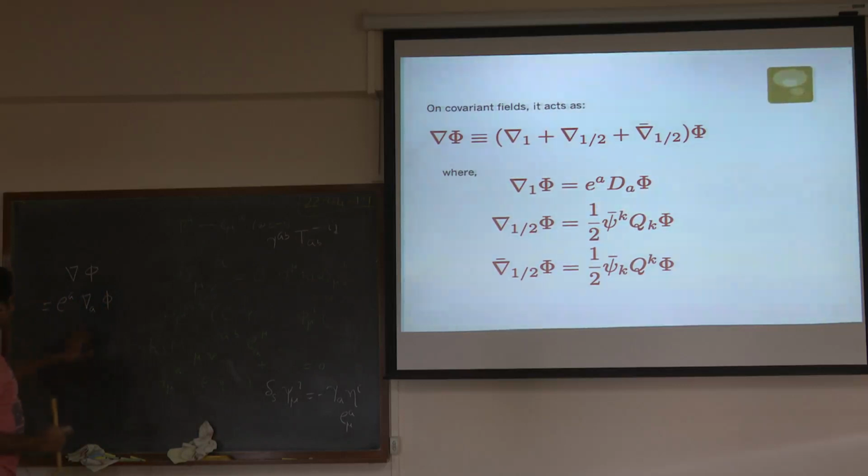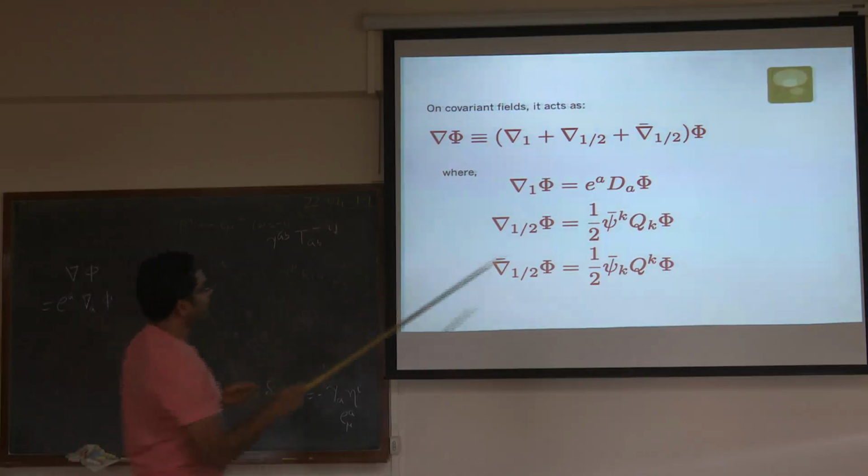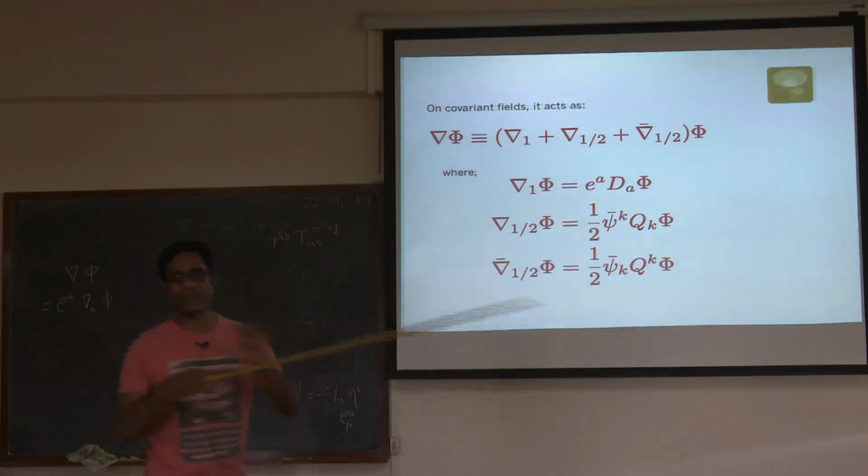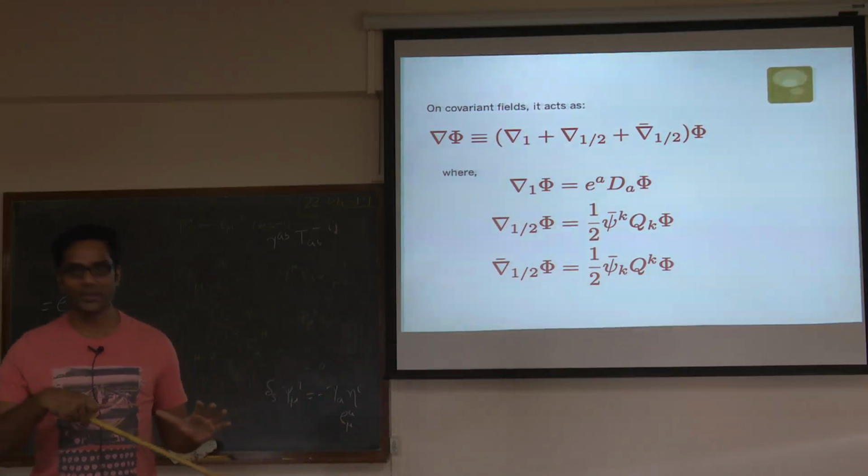Okay. So, where this derivative is covariant to all gauge transformations except ordinary supersymmetry. Now what we have done is we have added and subtracted Q covariantization.